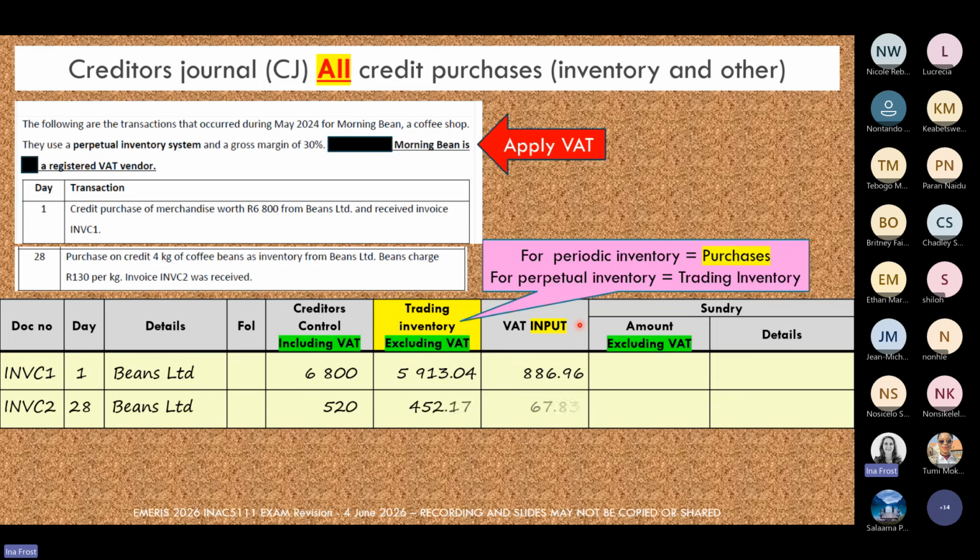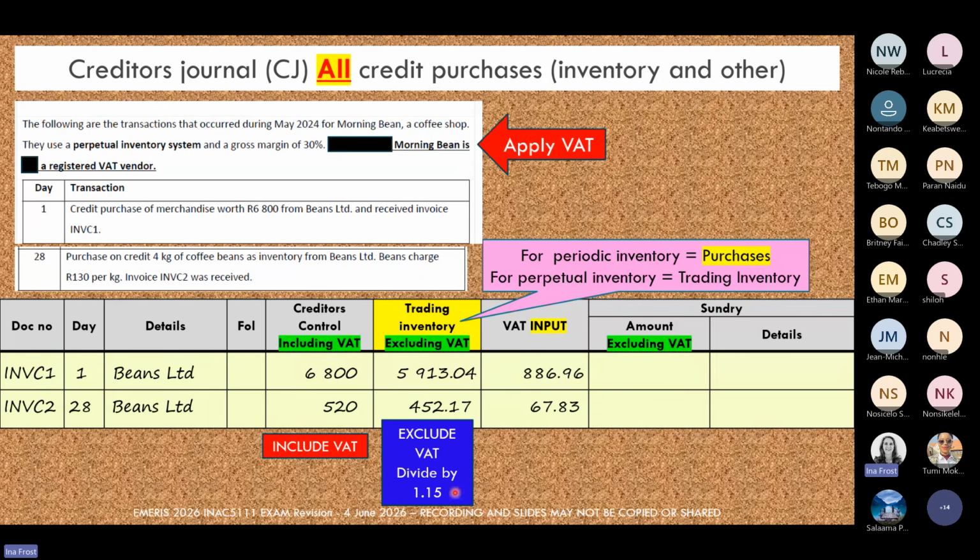The same with the entry on the 28th. Again, trading inventory will be the amount excluding VAT, and now we will have input VAT. So remember again, your creditors control column is always the amount including VAT. Your trading inventory or sundry amounts are the amounts excluding VAT.